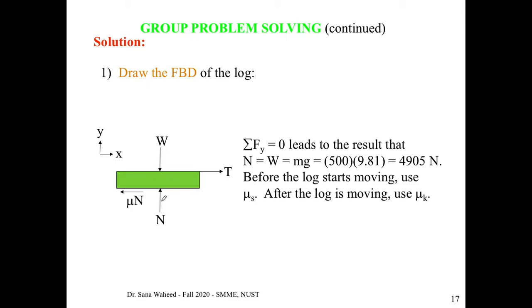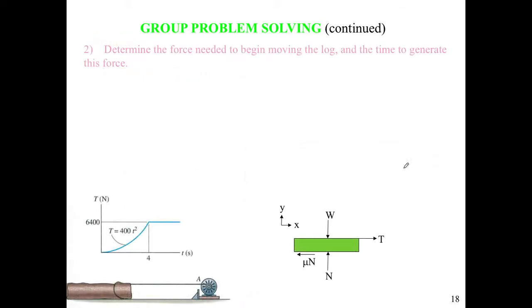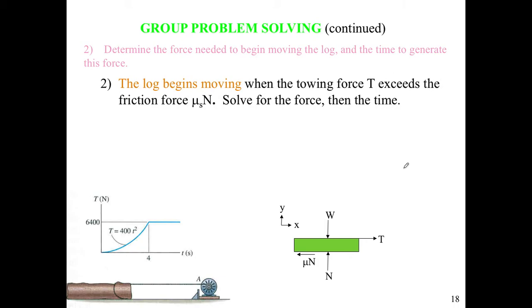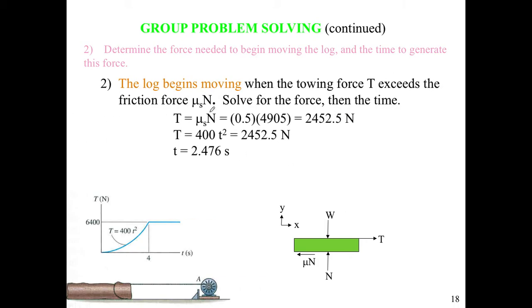Looking at the equation of equilibrium in the y direction, I can see that the normal force is just equal to the weight. Now let's see how much static friction there is. That's just mu s times N, so the static friction turns out to be this much.